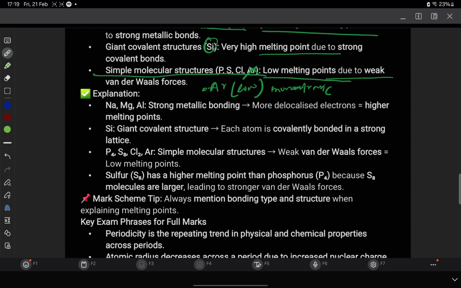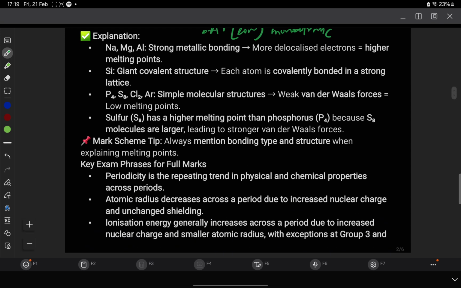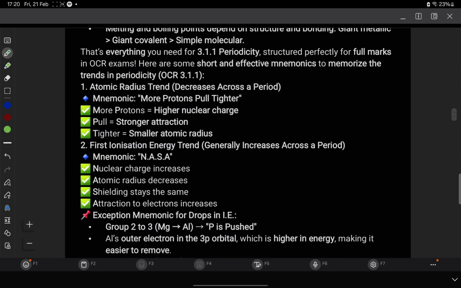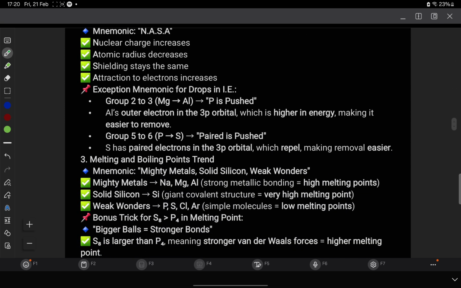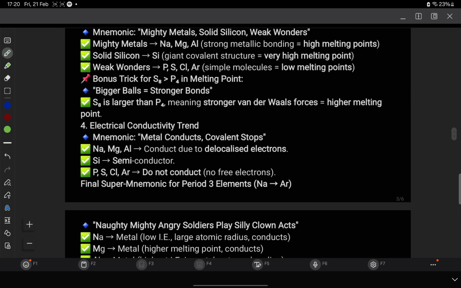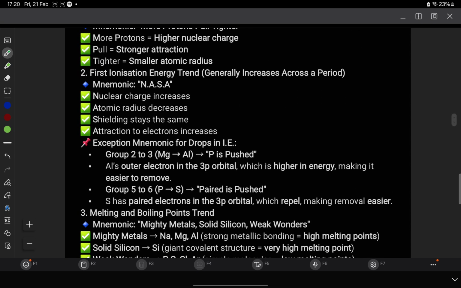Okay, so this is everything you need for the periodicity chapter. If you want any mnemonics, you can take a screenshot of the notes so that you can actually memorize it and get full marks.